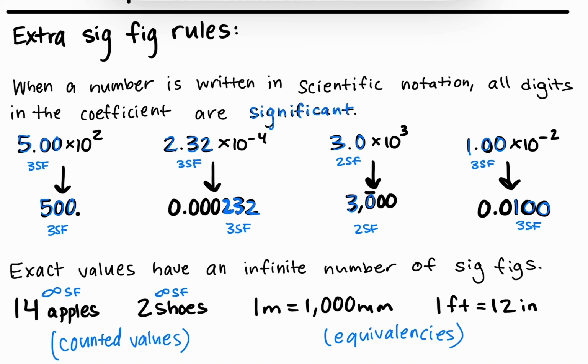So when you have an equivalency like that, all of these have an infinite number of sig figs. So this does not only have 1 sig fig, and this doesn't have 1 sig fig. They have an infinite number of sig figs because they're infinitely reliable numbers. They're exact numbers, so they have an infinite number of sig figs.